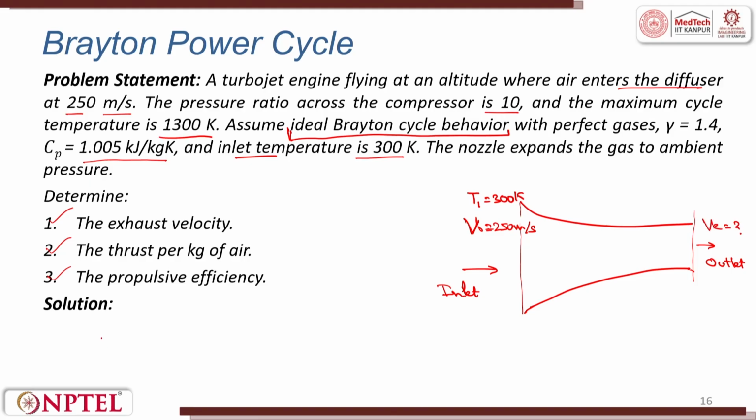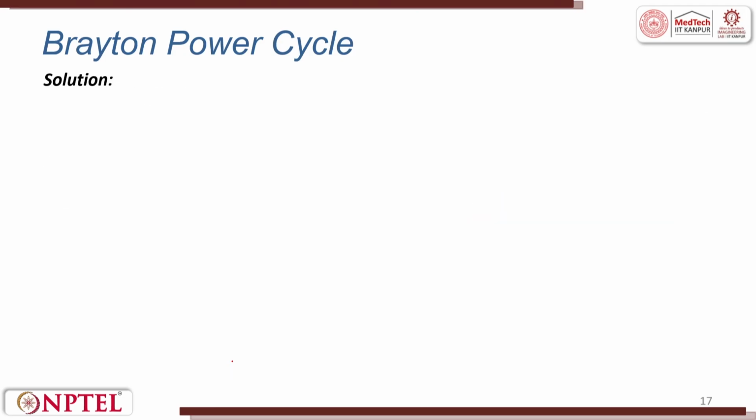So, what we have with us is V naught as 250 meters per second, inlet temperature 300 Kelvin, and maximum temperature T max, that is 1300 Kelvin.